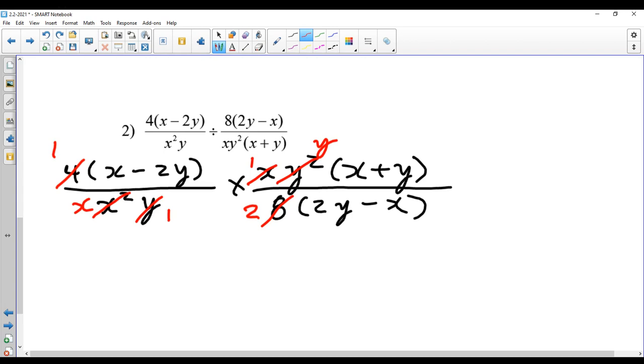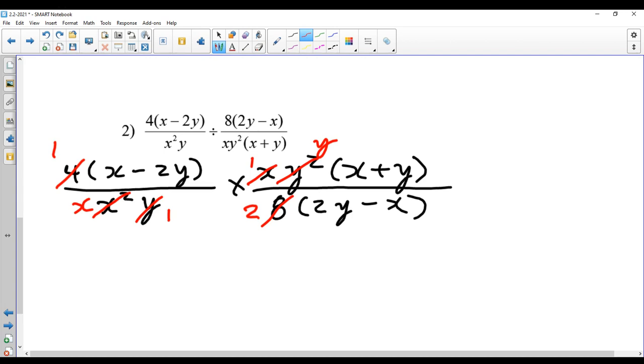Now, this was the biggest challenge for this one. And Angela nailed it. She said, look, x minus 2y and 2y minus x, they're not the same, but they're kind of the same. It's just that you reverse the order when you subtracted them. Is there any way to fix that so that they're the same?